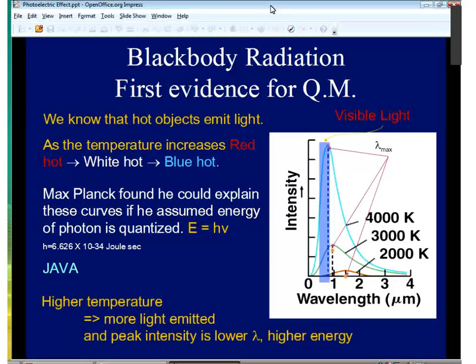Now, Max Planck realized that if he assumed energy of photon to be quantized and equal to h nu, then he could explain these graphs.